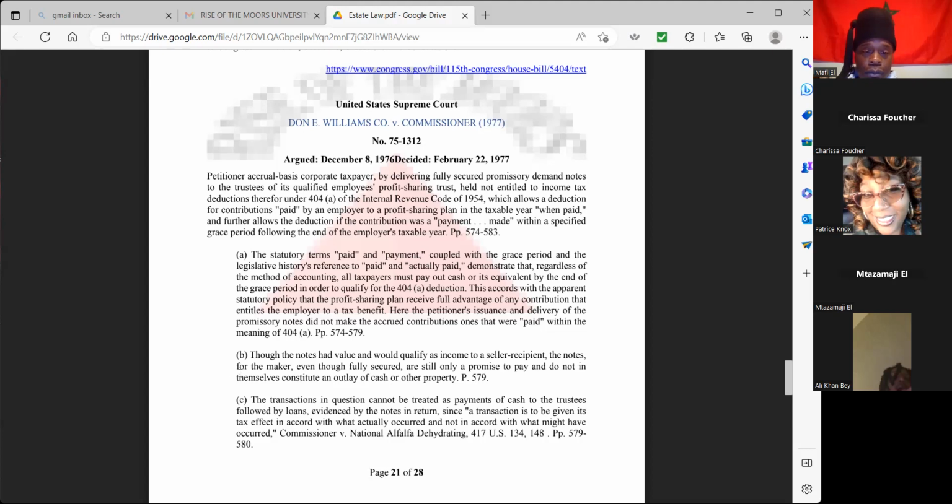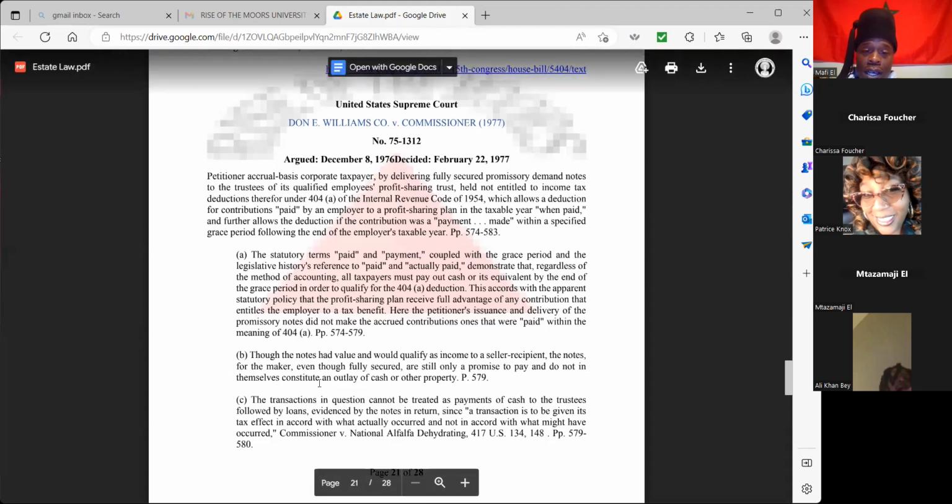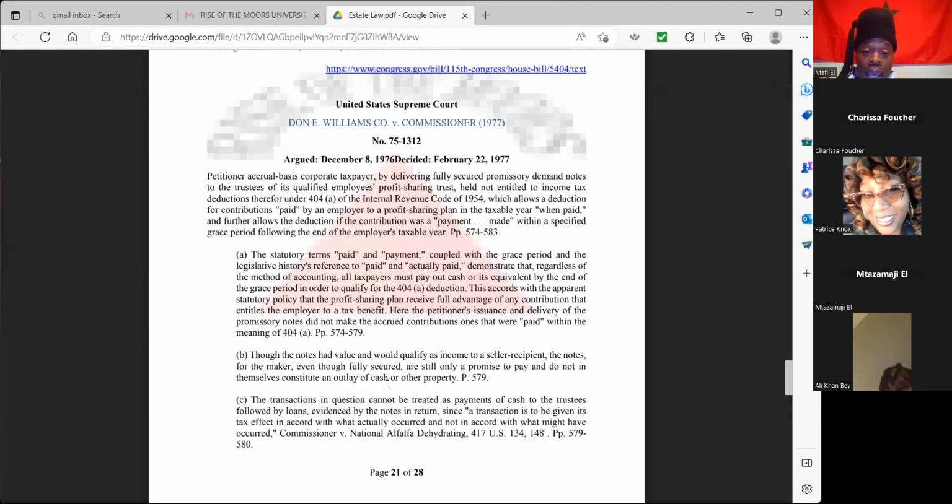Subsection B, though the notes had value and would qualify as income to a seller recipient, the notes for the maker, even though fully secured, are still only a promise to pay and do not in themselves constitute an outlay of cash or other property. Well, these are court transcripts relating to the Internal Revenue Code.